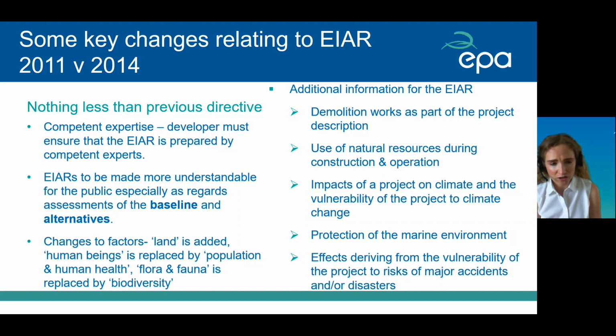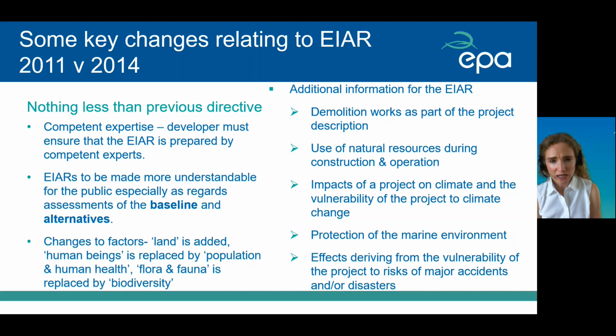Other changes then that are related to the EIAR are to do with the factors that have changed slightly. Land is added, and the previous term human beings is replaced by the new population and human health, and flora and fauna is replaced by biodiversity.